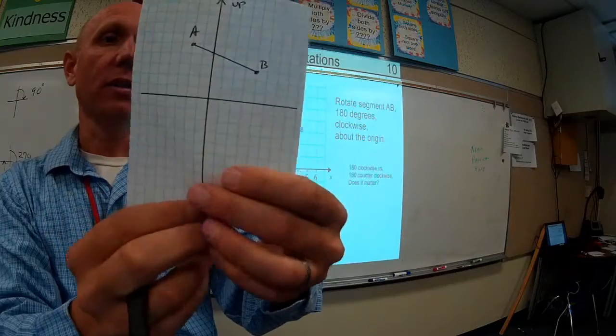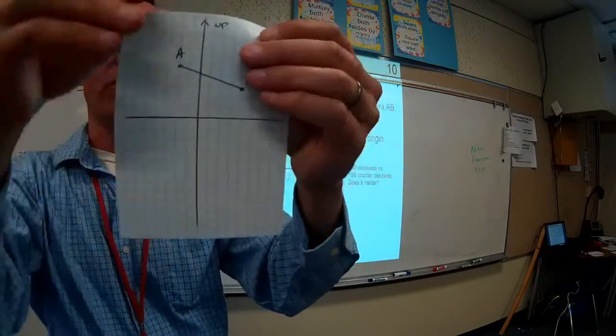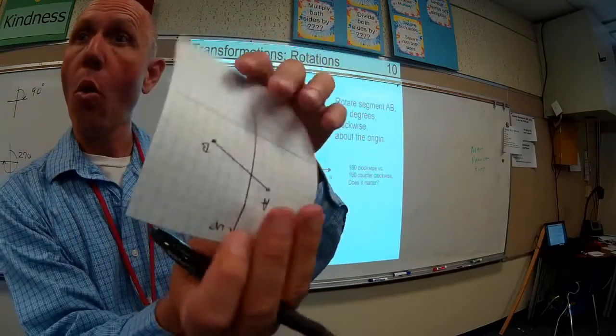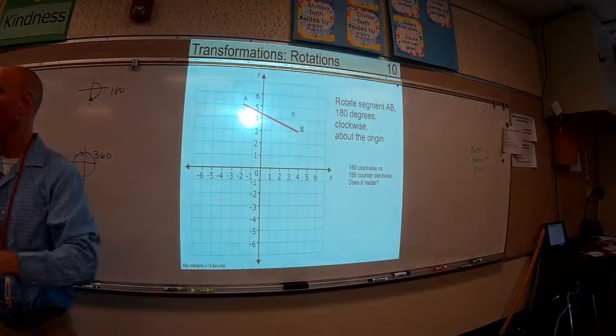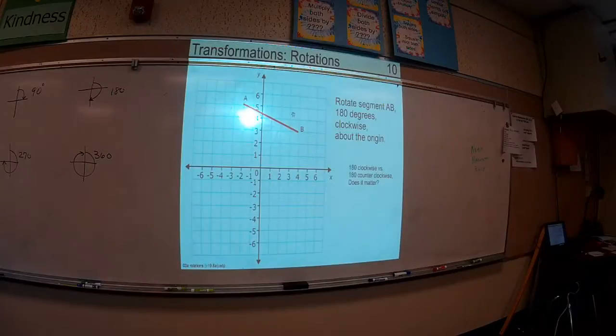180 clockwise, 180 counterclockwise. Doesn't matter. Okay. Now, cover up the up because it's no longer up. Copy this onto your big piece of graph paper.